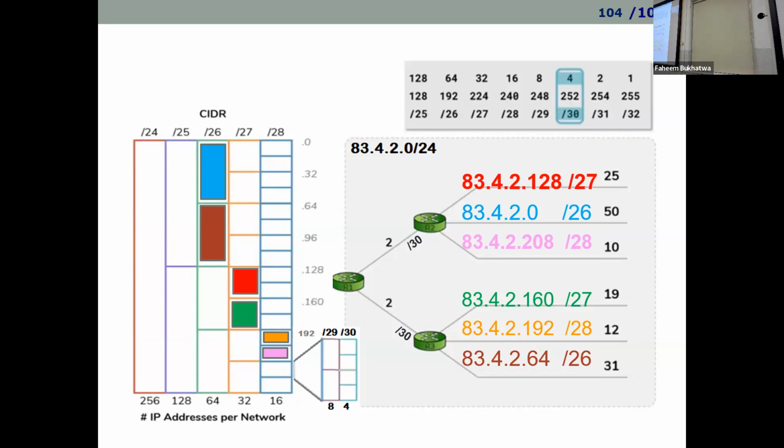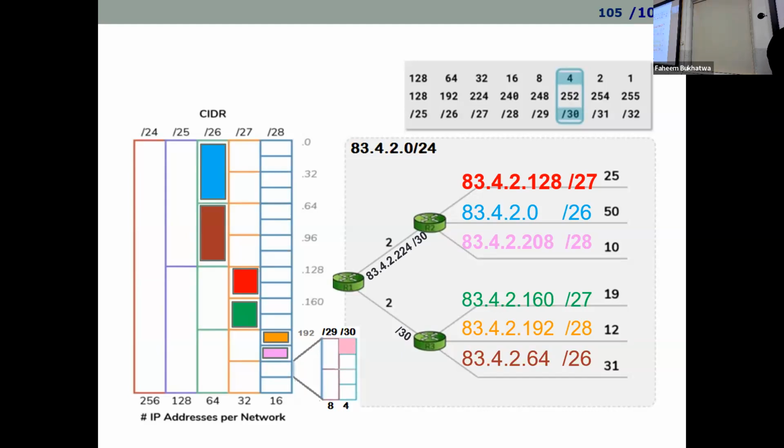After those 2, we finished with those, so that's the next available one. I don't know what 192 plus 32 is. 224, I think it's 224. Yeah. So that's the one we're going to allocate to this network, and it starts at 208.